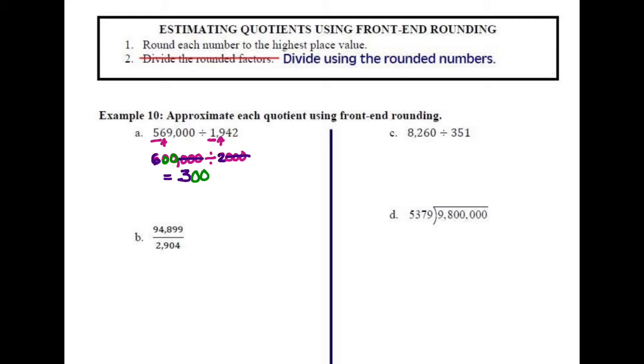Okay, same thing on this next one. Let's round it first. So we're rounding to the first place value. We're looking at the 4. 4 rounds down, so we're going to leave the 9 alone. And the bottom, the 9 rounds up, so the 2 becomes a 3, so it's 3,000.